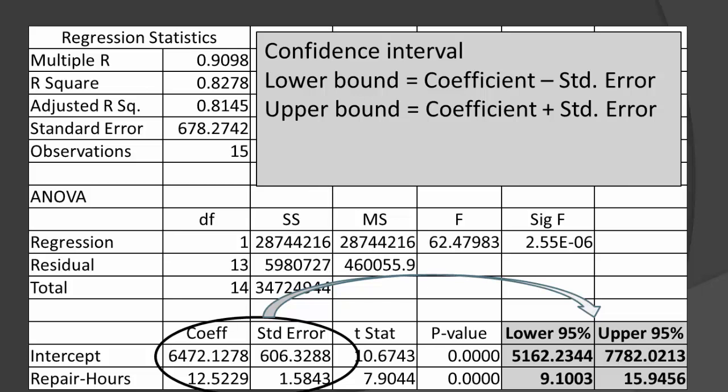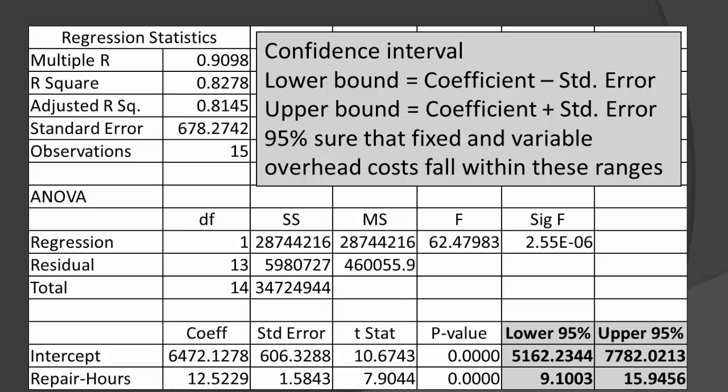The better our model is, the smaller the interval has to be in order for us to be 95% sure that the unseen true value is within that interval. So in this case, having a tighter confidence interval is better news.